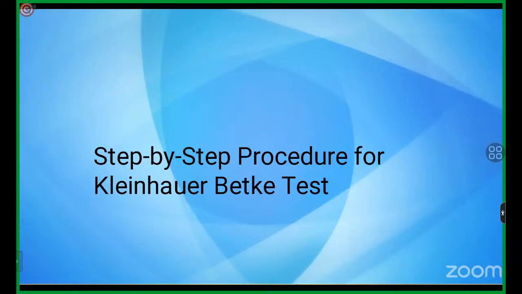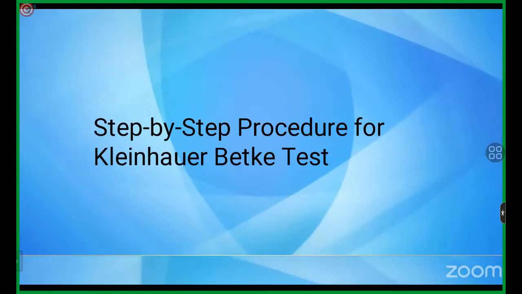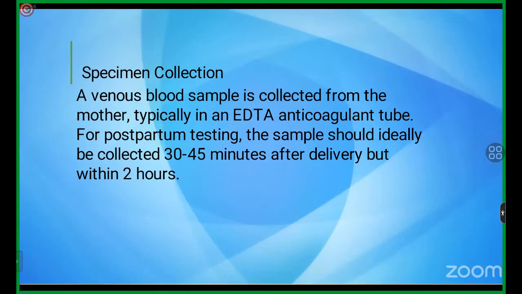We are going to delve into the step-by-step procedure of KB. First, specimen collection. After the Rosette screen shows that it qualifies for a certain dosage of RhD immunoglobulin, that means it's greater than 5 rosettes, we go to the KB method.